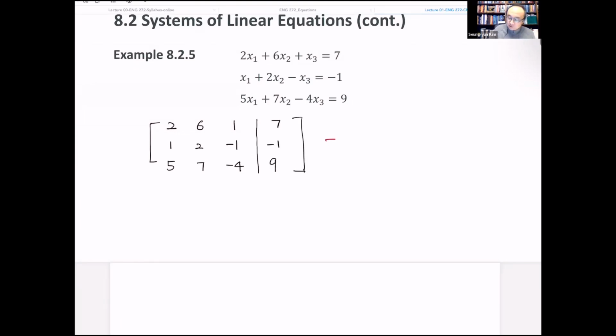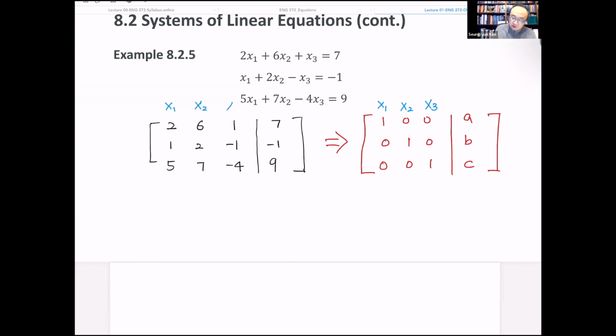Our objective is to go from here to 1, 0, 0, 0, 1, 0, 0, 0, 1 bar A, B, C. The left side of the matrix, we saw this, right? What do we call this? Identity matrix. This is the coefficients of the x1, this is the coefficient of x2, this is the coefficient of x3.